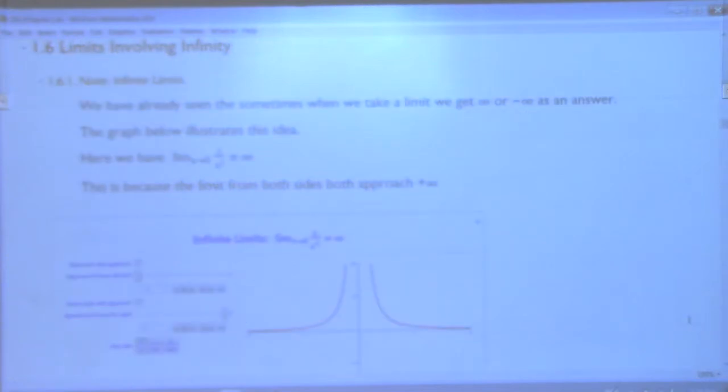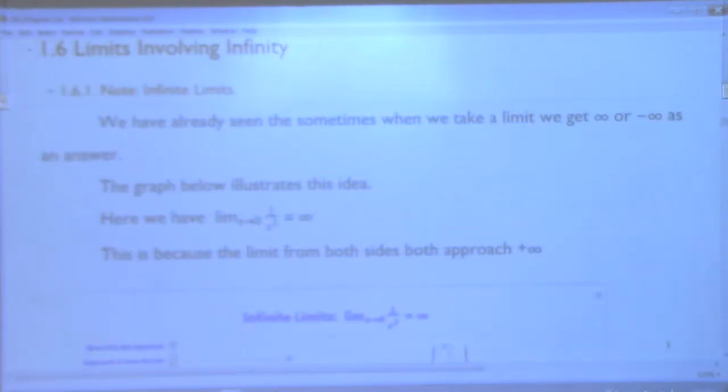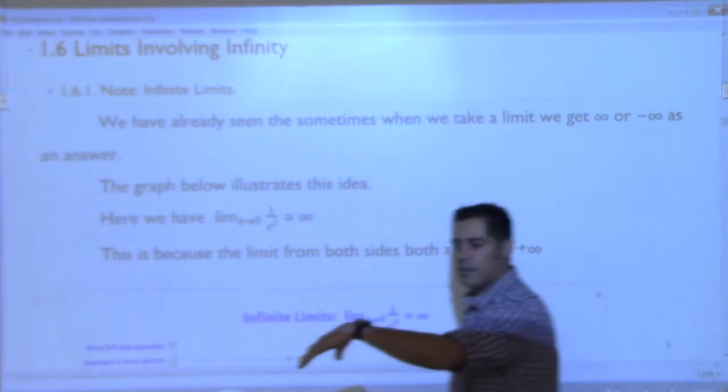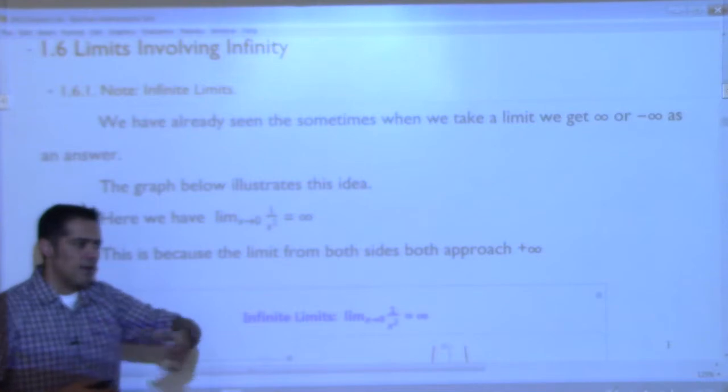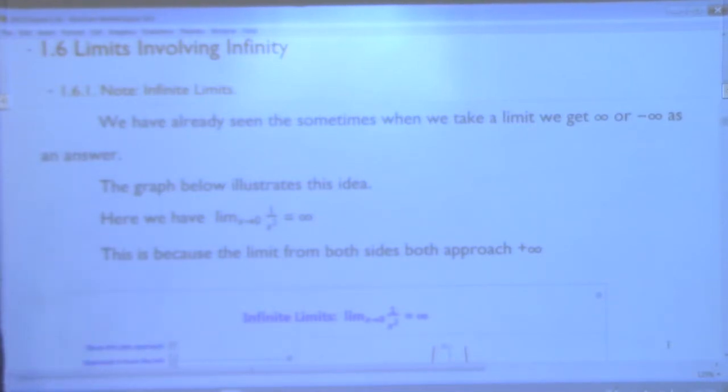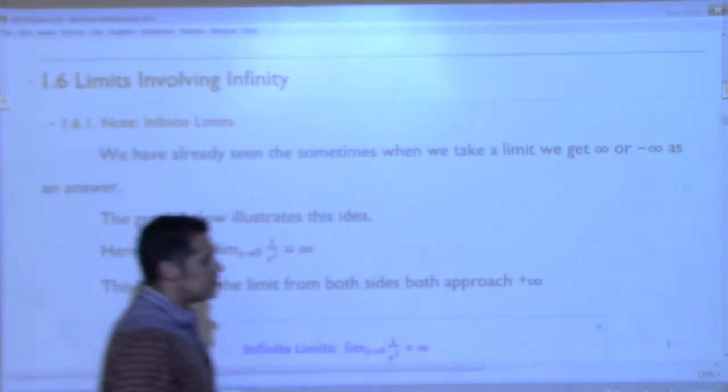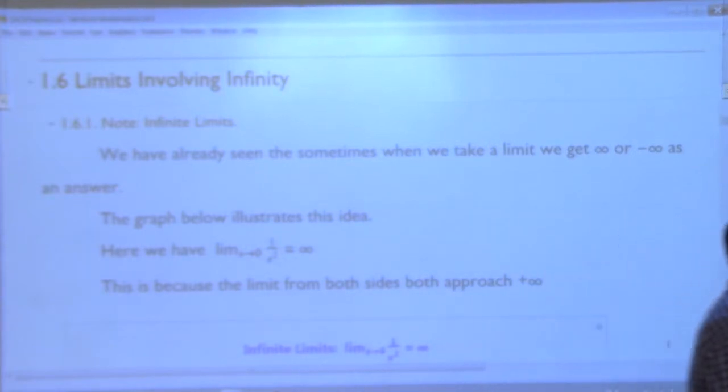Now, the reason why I like to do 1.6 before 1.5 is because 1.5 is kind of a completely different topic. And then in 1.6, we go back to doing limits. So I think it just flows better if we just continue doing limits. All right, so we are now going to talk about limits involving infinity.